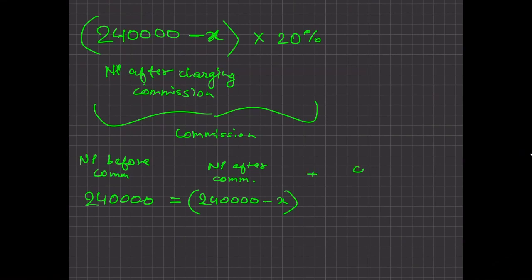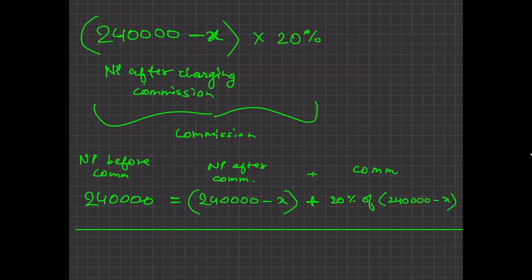And if I add commission to this, this equation will be complete. 2,40,000 is equal to 2,40,000 minus X plus 20% of 2,40,000 minus X, because that is the commission amount. Yes or no? Yes, sir.